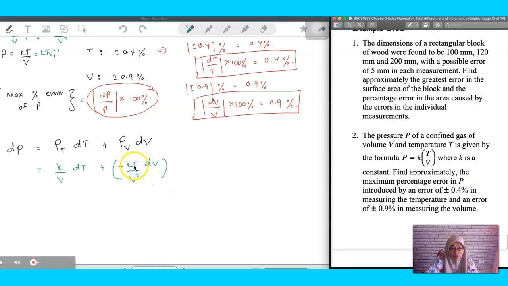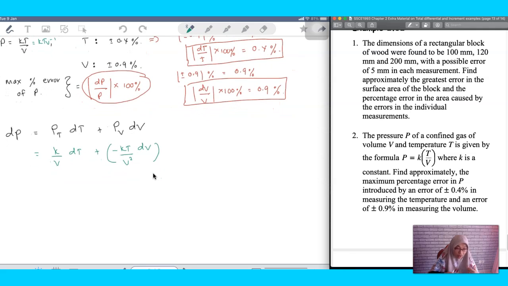Similarly, you have no information about the value of T. They just give you this one, but not the specific values of T and V. And similarly, you have no information about the changes or the error of T itself. The information provided to you is in percentage form, and you cannot use this directly, because this one is only for the changes, not the percentage changes. Meaning that as for now, you cannot evaluate. So it's okay, you can proceed to the next.